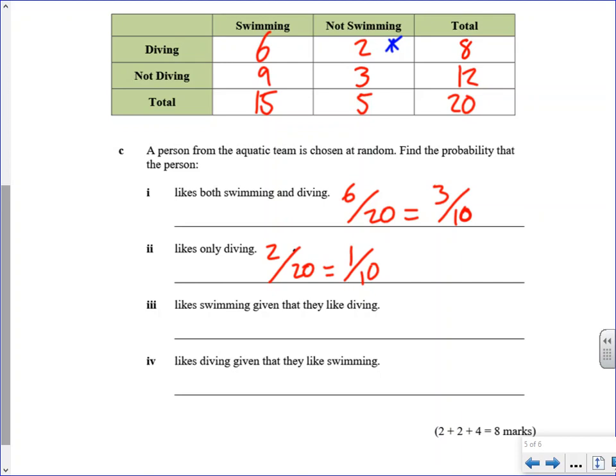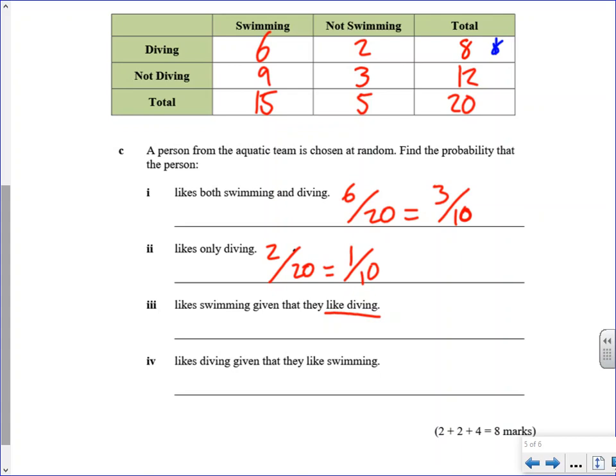Like swimming given they like diving. This is one of these questions again where this time we're not choosing out of the total 20, we're choosing out of the people that like diving. So we need to ask ourselves, how many people like diving? Looking at our table, we're looking at these 8 people, or we could have just read the question, which says 8 people like diving.